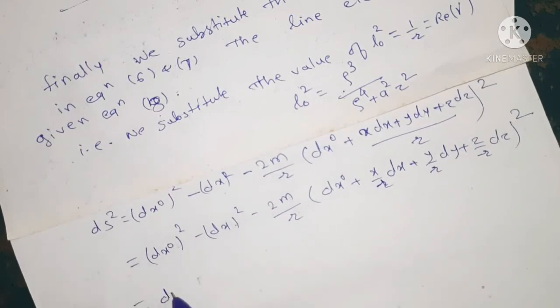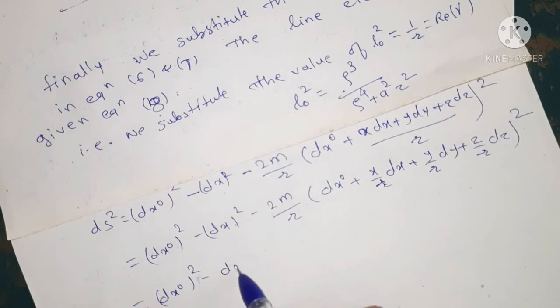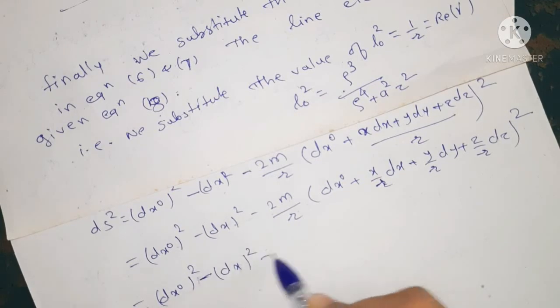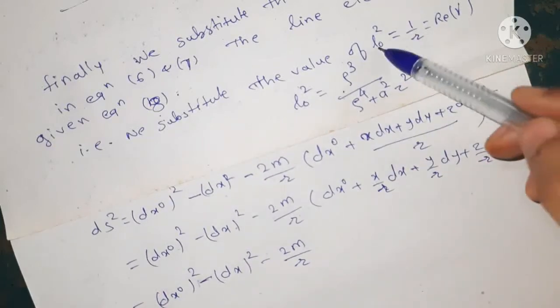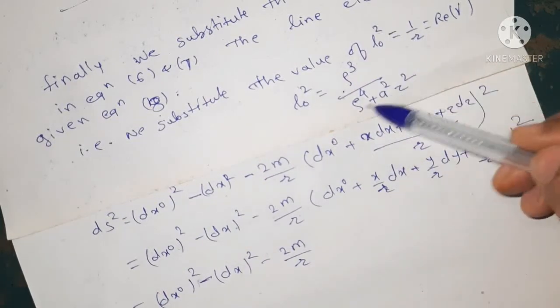Now that is equals to dx0 square minus dx square minus twice m upon r. The value of 1 upon r will be L0 square, and that is given by rho cube upon this term.